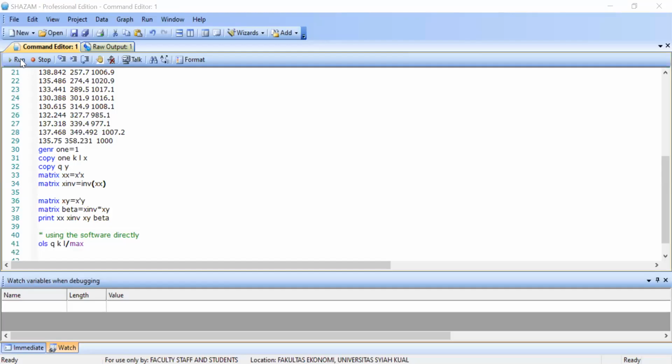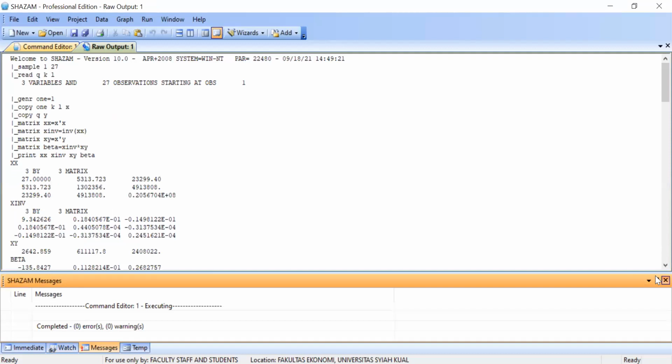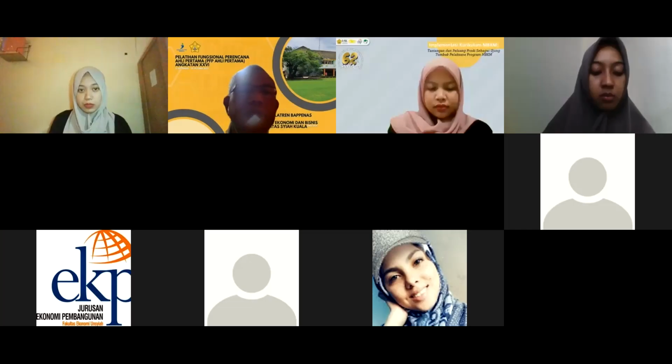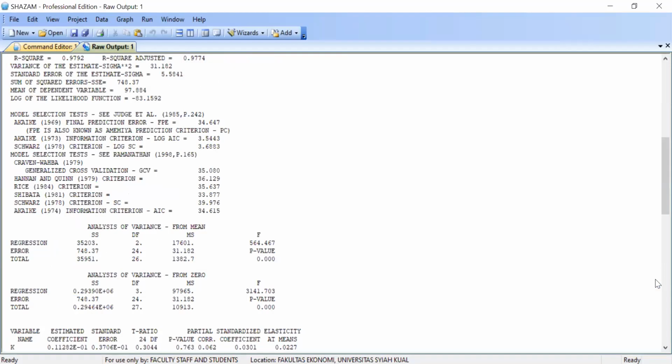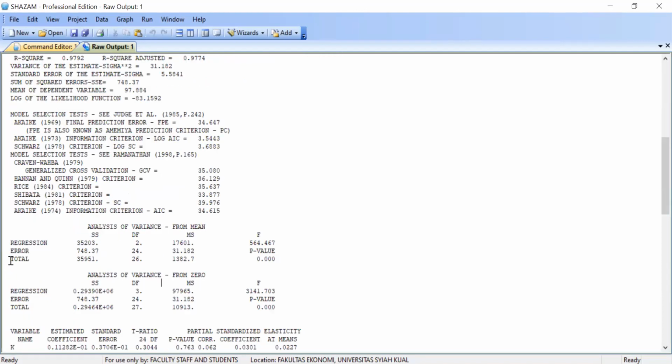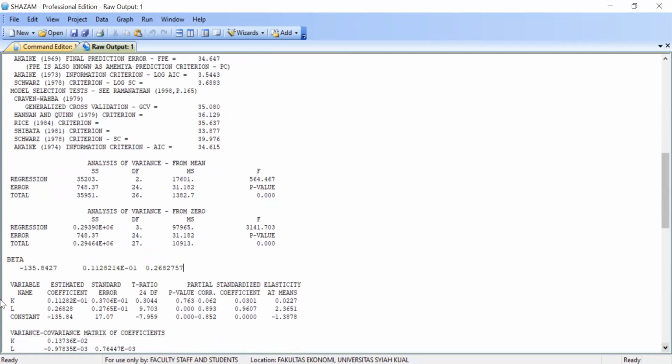Okay, we run this data, we get the estimated result here. You can compare the betas from the matrix approach, copy these betas, with the betas from the software directly. Beta 1 is the same, 135.